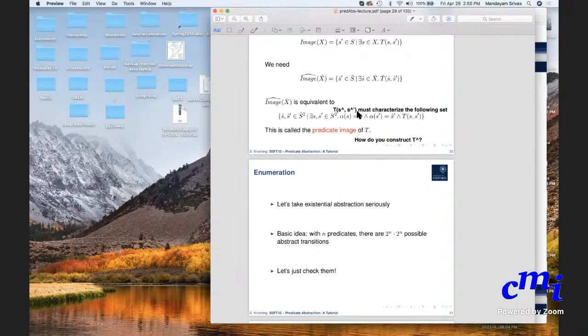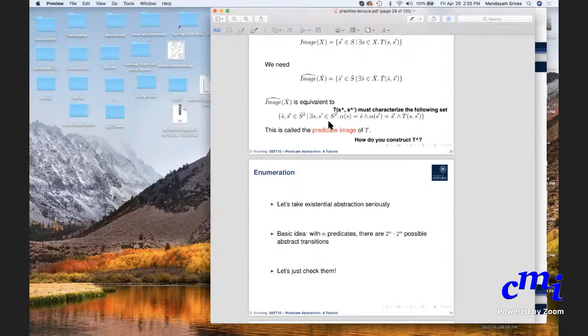This itself is a formula, if you assume that I will include existential quantification. The reason you want to eliminate existential quantification is that once you construct this transition relation, you want to propagate it symbolically, like doing image computation, which we did.